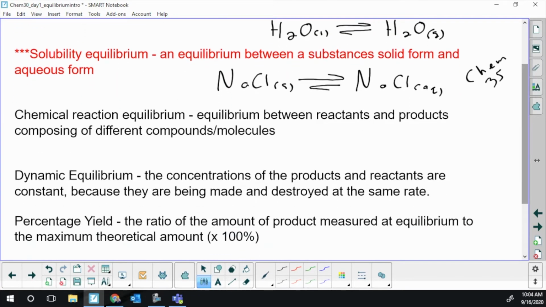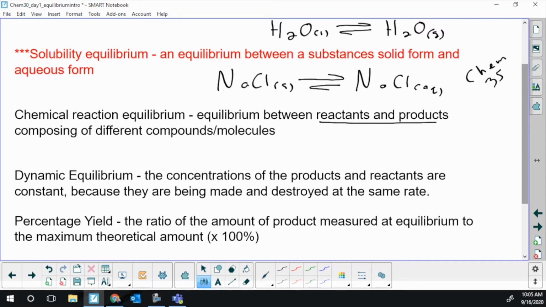Chem 30 is going to focus on the black, chemical reaction equilibrium, where we've got reactants and products, reactants going to products and their chemical changes. I mean, the phase equilibrium is a physical change, not a chemical change. Dynamic equilibrium I started to introduce on the previous slide.